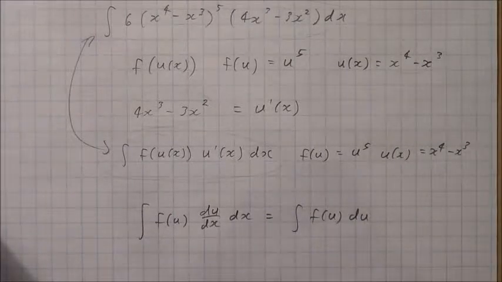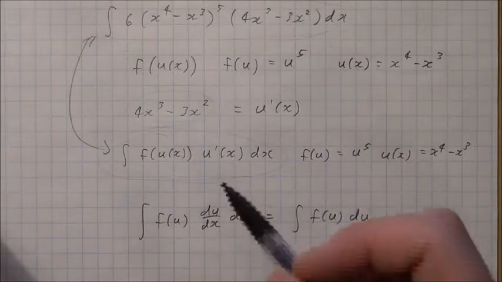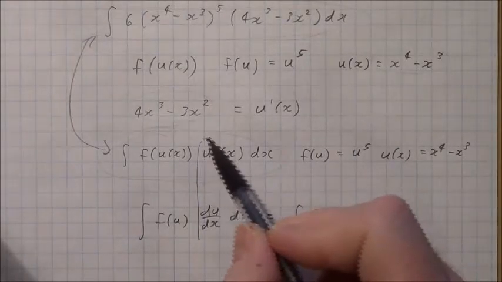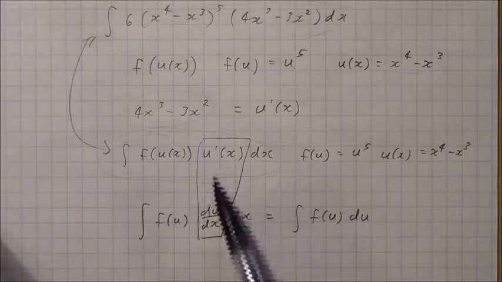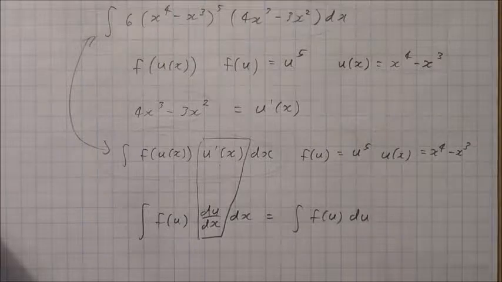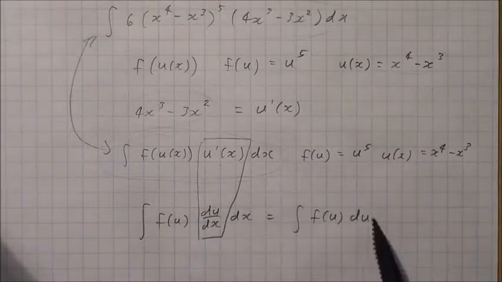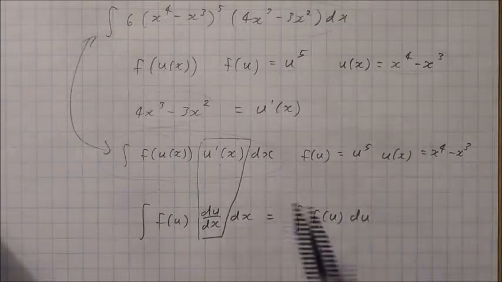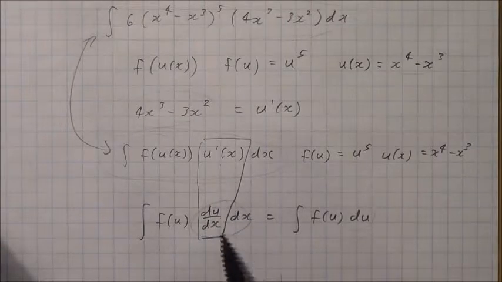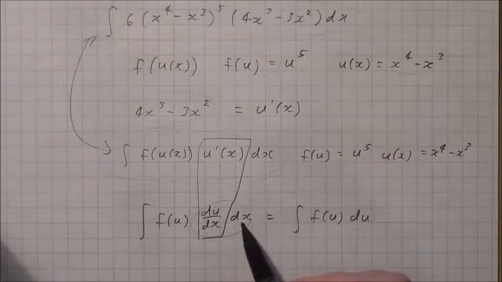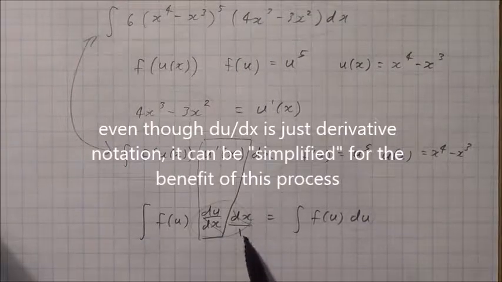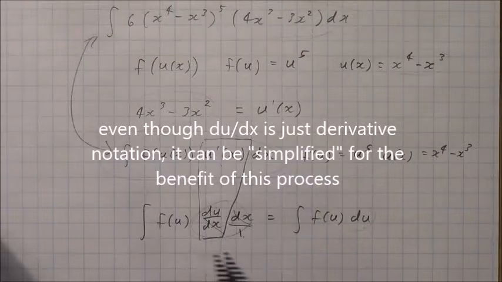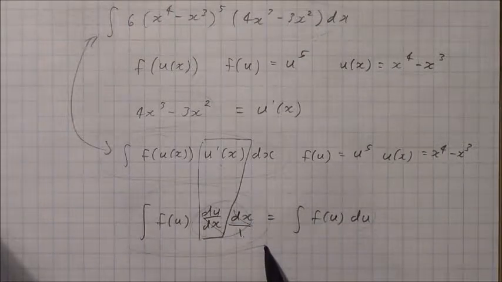Where did that du by dx come from? Du by dx is nothing more than u prime of x, just a different way of writing that. And the du comes from the simplification of du by dx multiplied by dx over 1. The dx is cancelled, you're left with du. So this whole thing is the integral of f of u du.